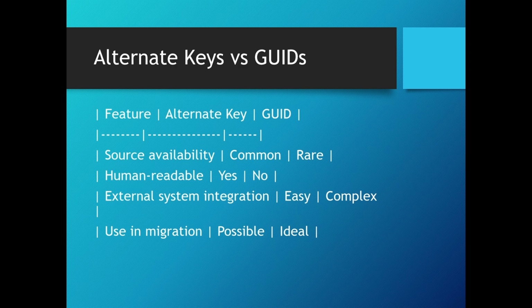First, let's understand what a GUID is and what an alternate key is. Basically, a GUID in Dynamics 365 is used as a primary key.